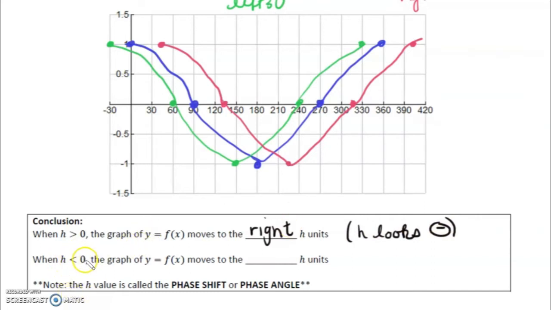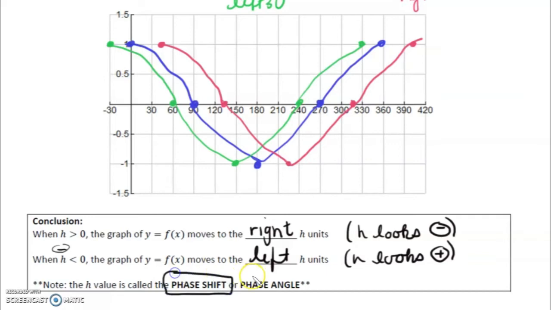When h is less than 0, so when h is negative, it looks positive, it moves to the left. Just note the h value is called the phase shift or the phase angle. You're going to have to know these words for questions that come up.